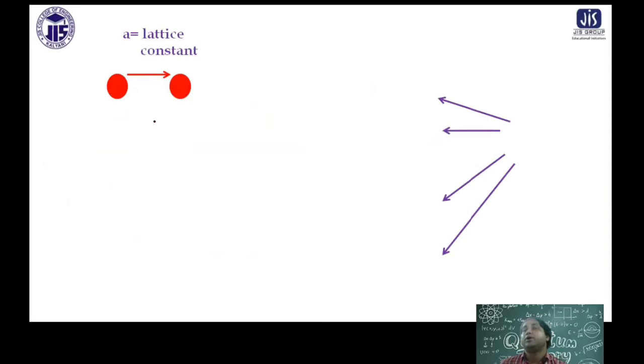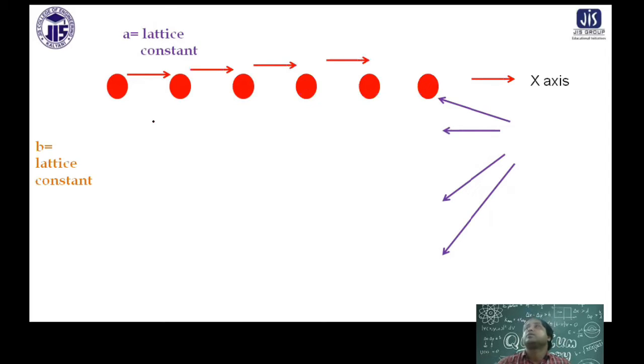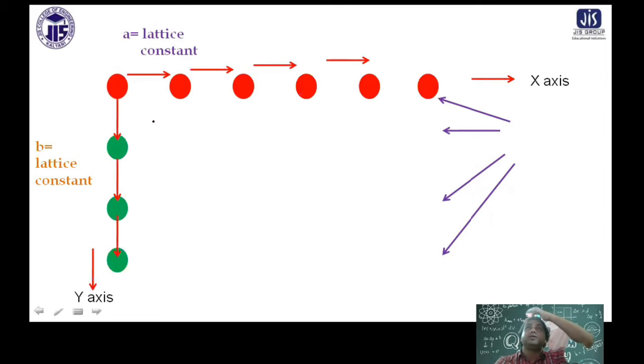Suppose this point is repeated in the x direction after a gap of a. If they keep on repeating, they'll be making this structure along x direction. Similarly, if they keep on repeating in the y direction, ultimately it will be repeated along y direction.